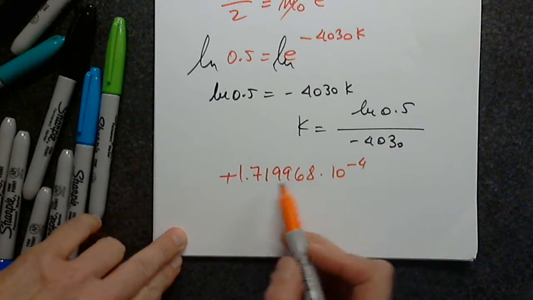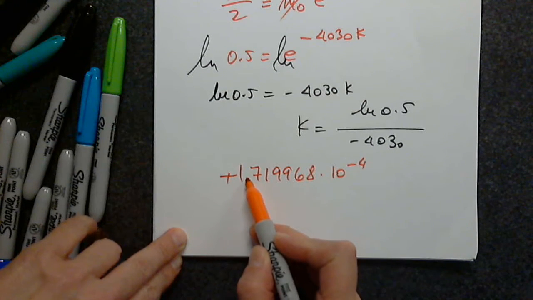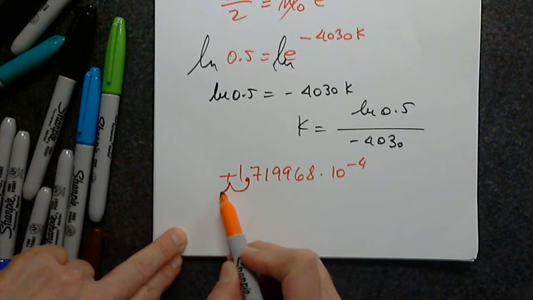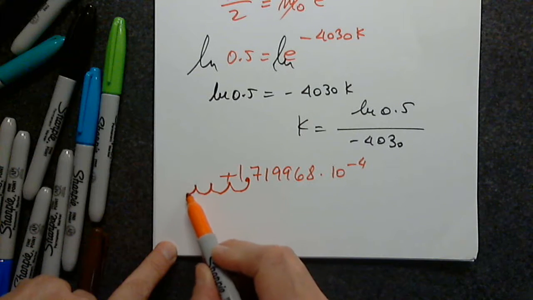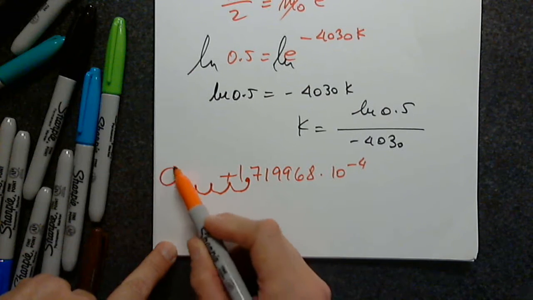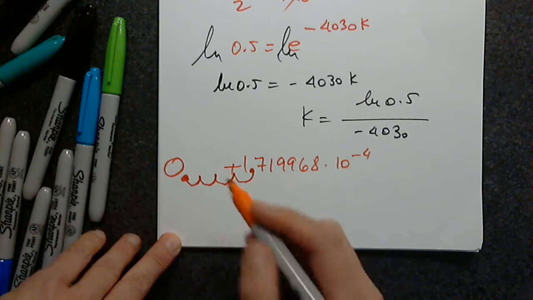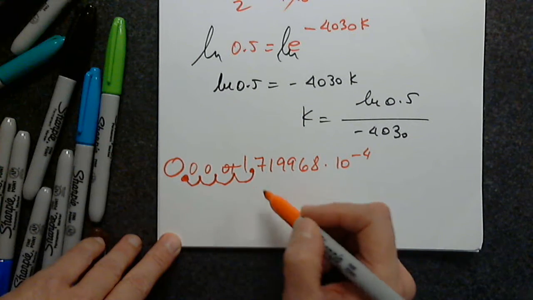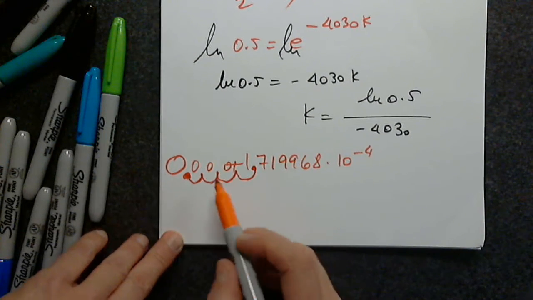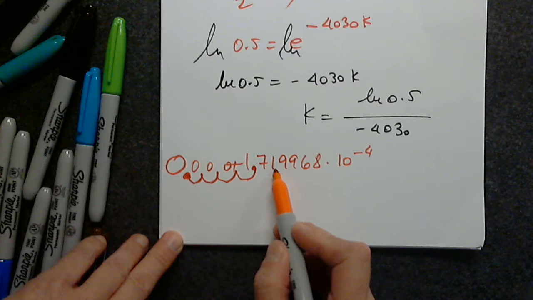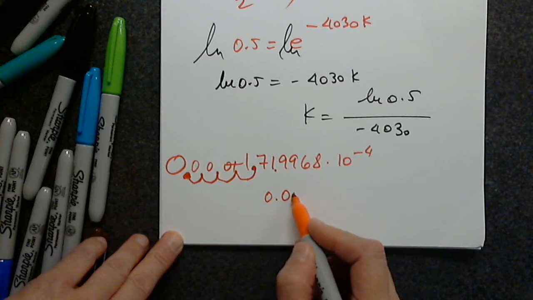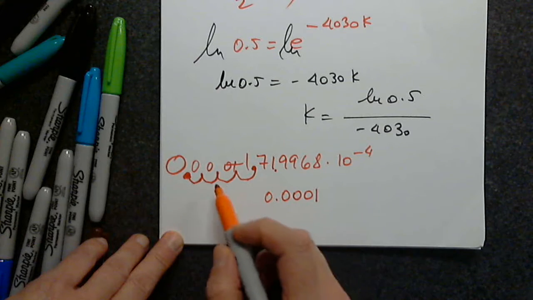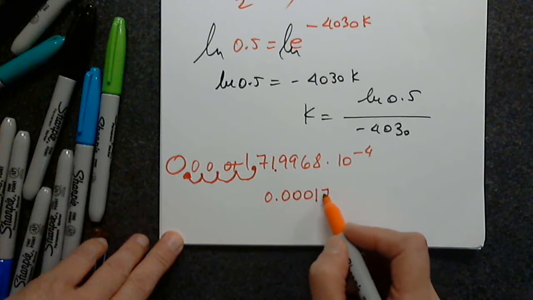And remember, with negative 4, I have to move the decimal point 1, 2, 3, 4. So that gives 0.000172.